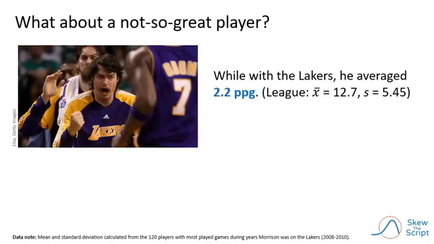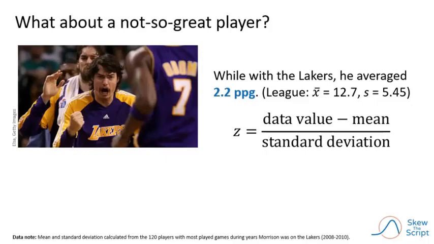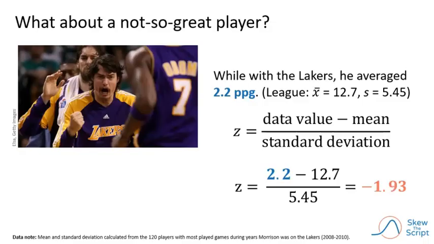See how he did. He scored an average of 2.2 points per game during an era when his teammates scored an average of 12.7 points per game with a standard deviation of 5.45 points per game. Let's find his z-score. Overall, he's going to end up with a z-score of negative 1.93. So you can end up with negative z-scores.